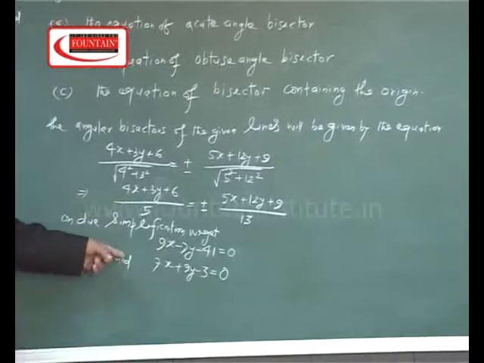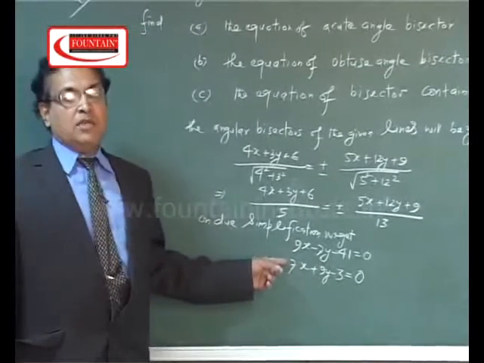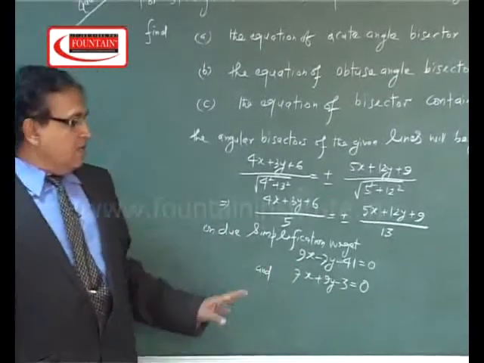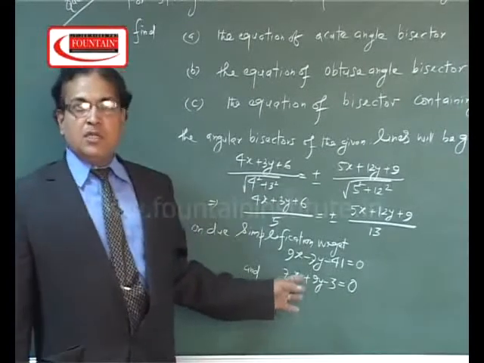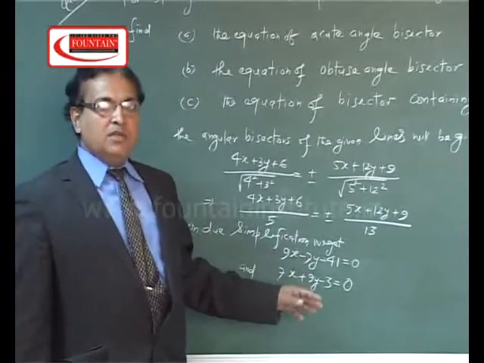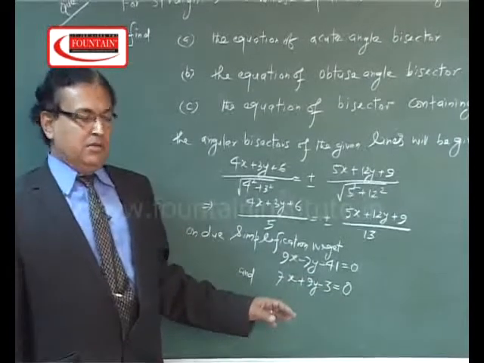Now, one of these equations will be the acute angle bisector and the other will be the obtuse angle bisector. Now, the question is to determine which one is obtuse and which one is acute.